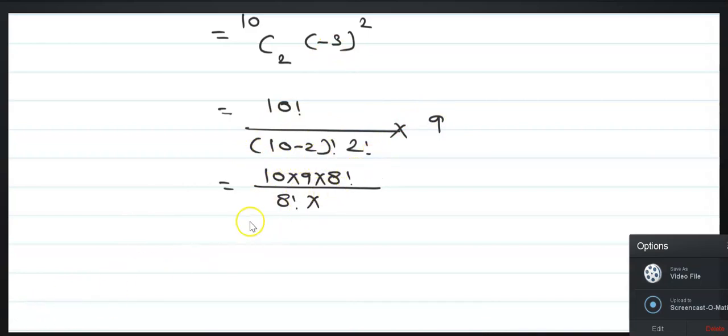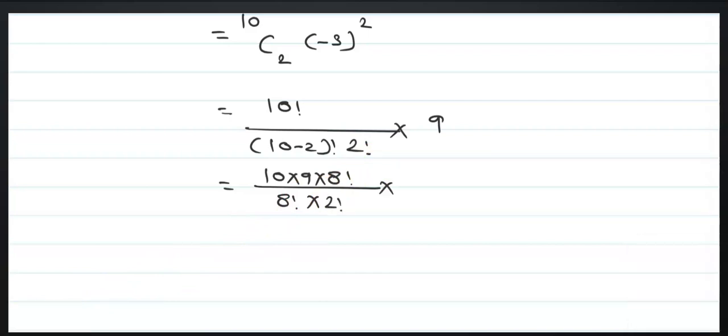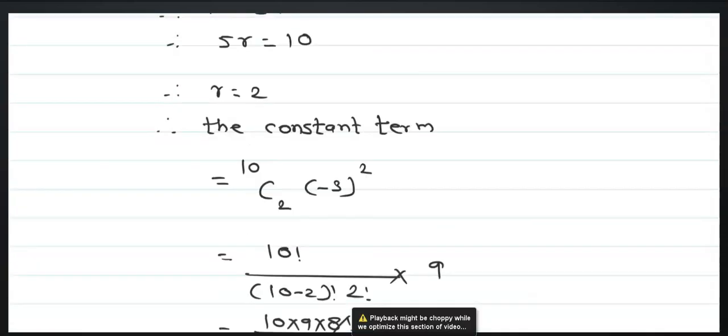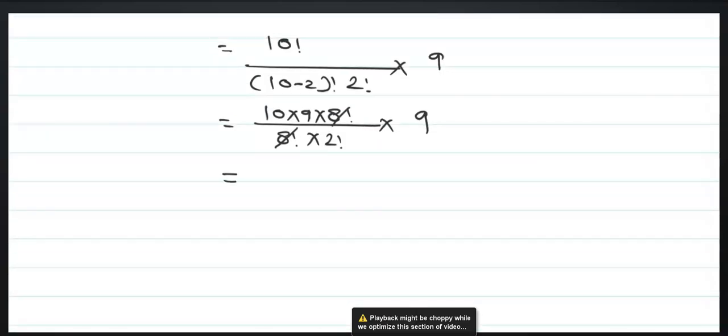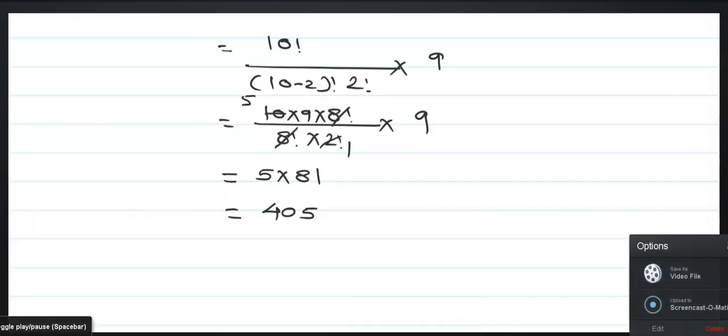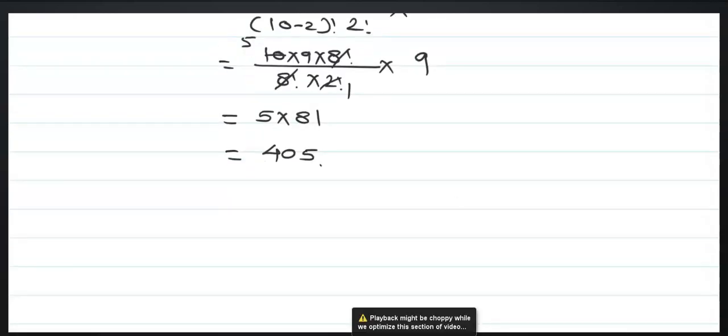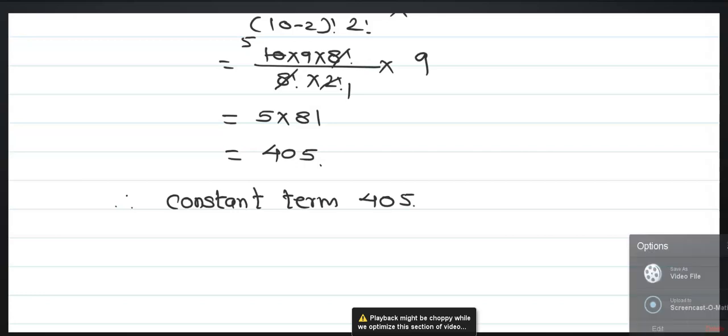Extend up to the 8 factorial, 8 factorial gets cancelled. Therefore you will get the answer, that is equal to 405. This is the constant term. We can write down this calculation.